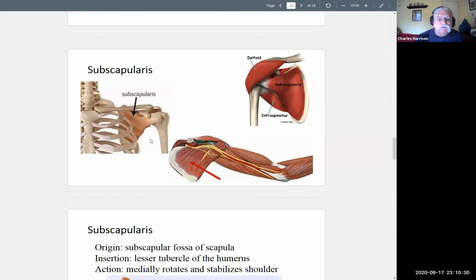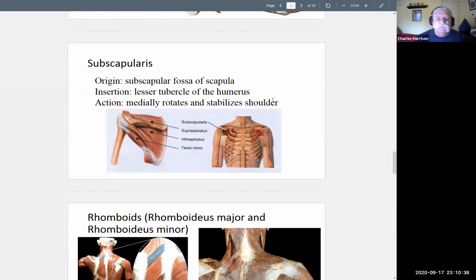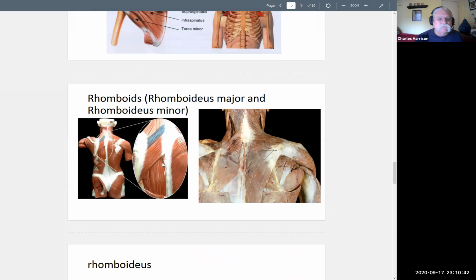Okay, the subscapularis shows here, here, and here. More information here. Here's the rhomboids. They've been broken up into major and minor, but you're only going to be asked what's on my chart. So rhomboids is what you're looking at.